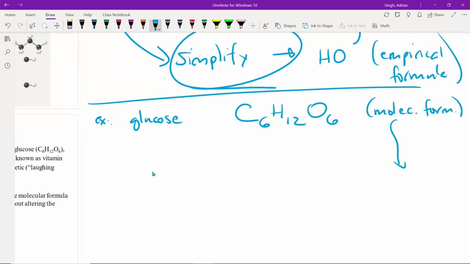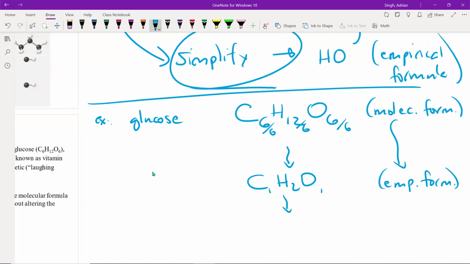We can simplify this and come up with the empirical formula by dividing all of the subscripts by the smallest of the subscripts, which is 6 in this case. So if I divide all of these by 6, I end up with C1H2O1, which is the same as CH2O.